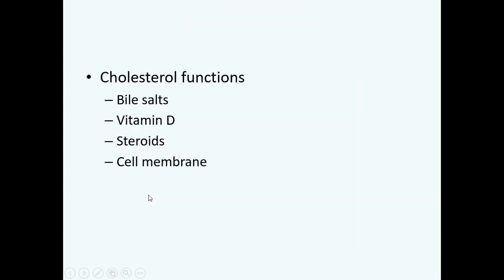Cholesterol has several important functions in the body. For example, it is a precursor to bile salts. Bile salts are present in bile, which is produced by the liver and is important for assimilation of fats.